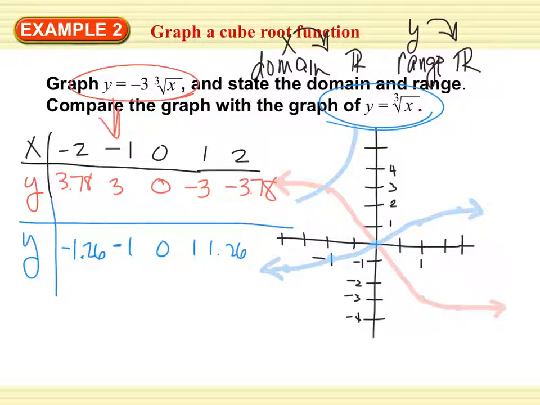All right, you're going to see this on the next slide, but I'll talk through it first. We already talked about the domain and range being all real numbers. The graph of -3 cubed root of x is actually a vertical stretch by a factor of 3.